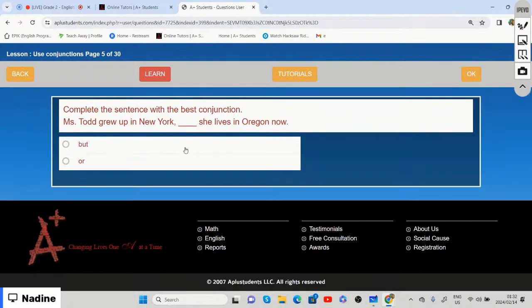All right. And then Miss Todd grew up in New York. And we see that we are completing the sentence with the base conjunction, which is Miss Todd grew up in New York.